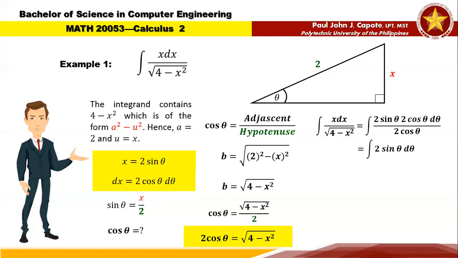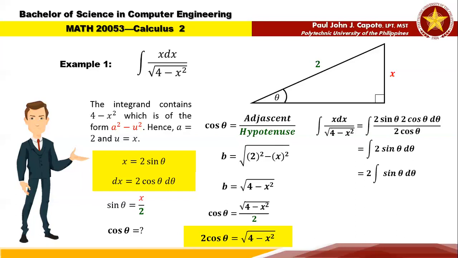Now, simplifying or transforming the integrand, we eliminate the 2 cosine theta in the numerator and the 2 cosine theta in the denominator. And all we are left with is the integrand 2 sine theta d theta. Now, applying the integral of a product, we have 2 times the integral of sine theta d theta.